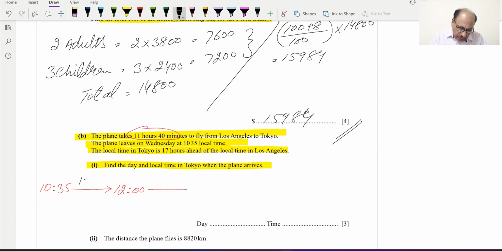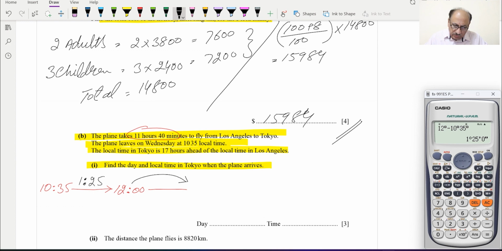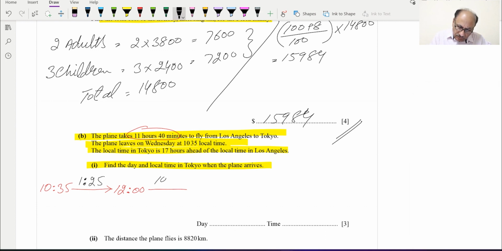So 1 hour and 25 minutes it will take up to 12. Total time will be 11 hours and 40 minutes, so we subtract this from 11 hours and 40 minutes, and the remaining interval will be 10 hours and 15 minutes. So time after 12 will be 10:15.